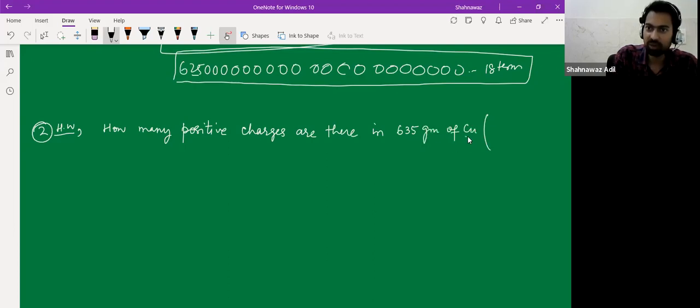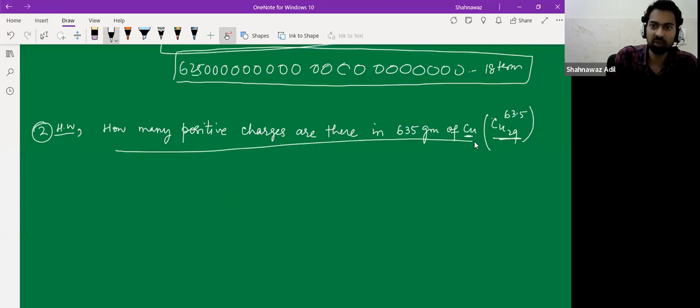And the atomic number of copper is how much? 29, right? Cu 29, and the mass number is how much? 63.5. Right. So this is the information you have. You can calculate how much positive charges are there for this 635 gram of copper. So this you try, and we can discuss this in the next class. Right. So take it as your homework.